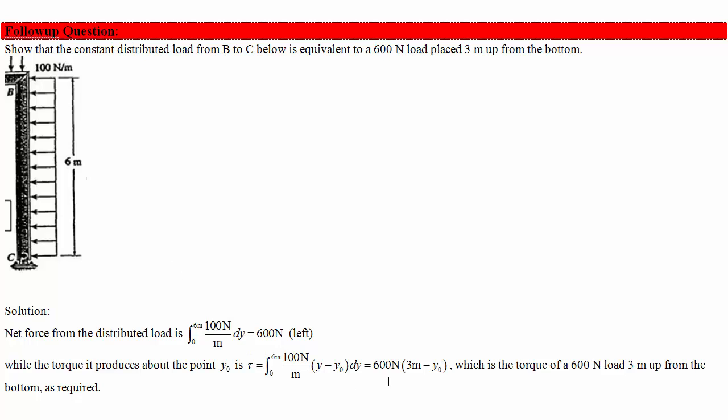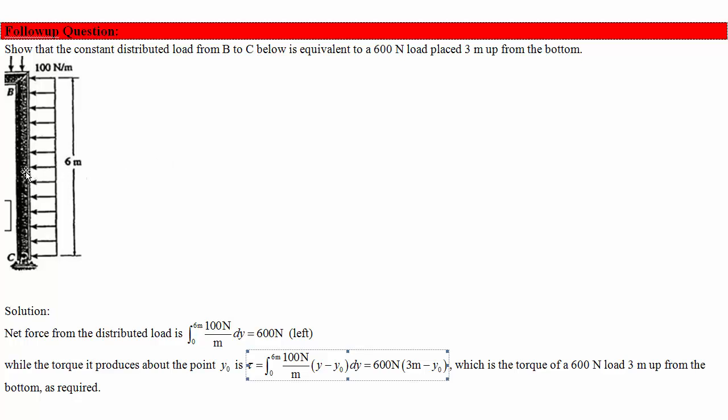Now at this point I want to stop and point something out. So we found that the distributed load is equivalent to this point load in that it has the same net force, and it also produces the same net torque about any point on this beam. What that means is the choice of point is arbitrary, and notice that we just found that this distributed load is equivalent to that exact one force at a specific point.